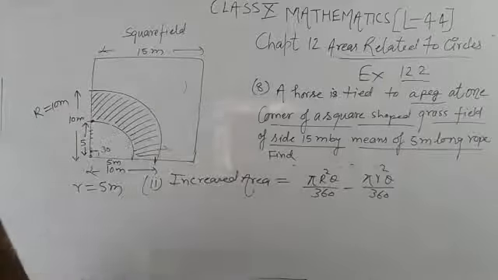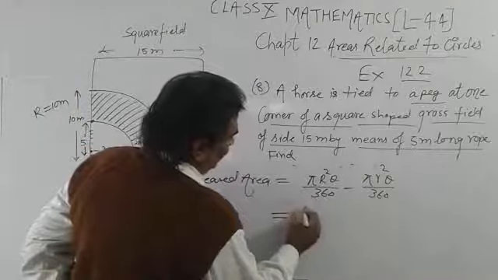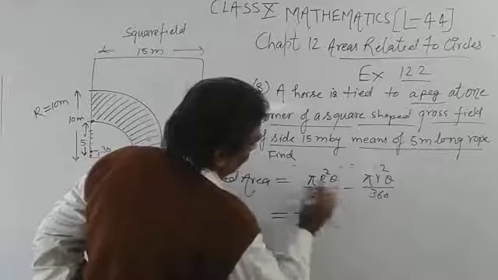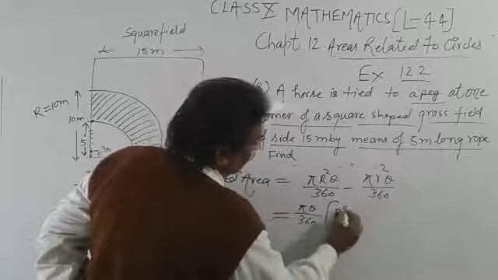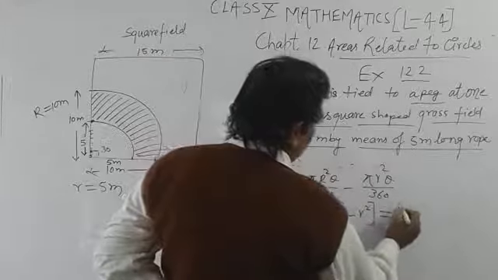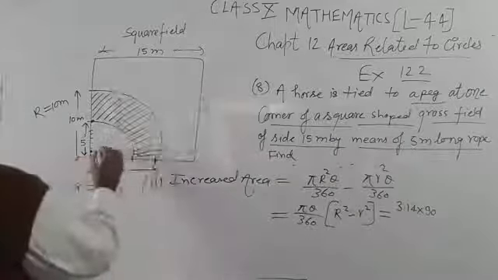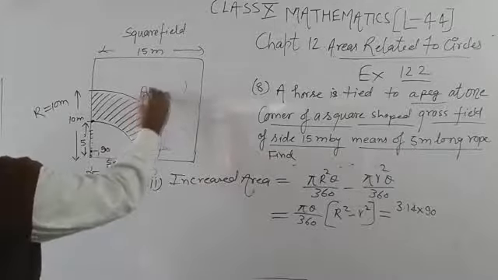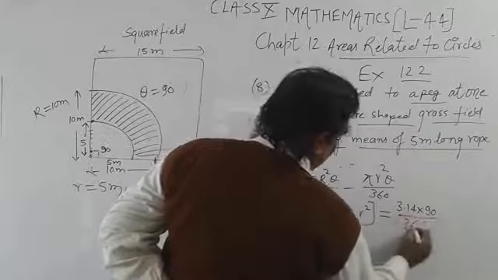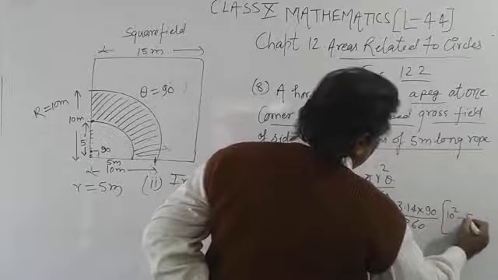Now we will put the values. Take pi theta upon 360 common, then R square minus small r square. So here we will write 3.14 into theta 90. Here theta is 90 degree, and upon 360, capital R 10 square minus small r 5 square.